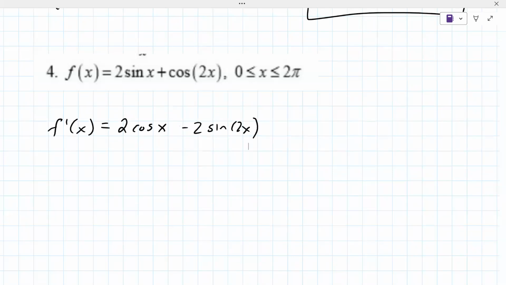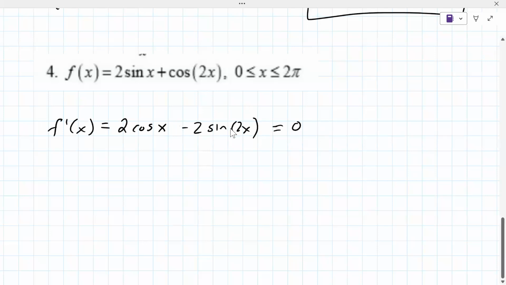Works. All right. I'm going to drop in the chat the reference sheet for trig, and also the one for derivatives and integrals. These will really help you in general. So you have to set this equal to 0.